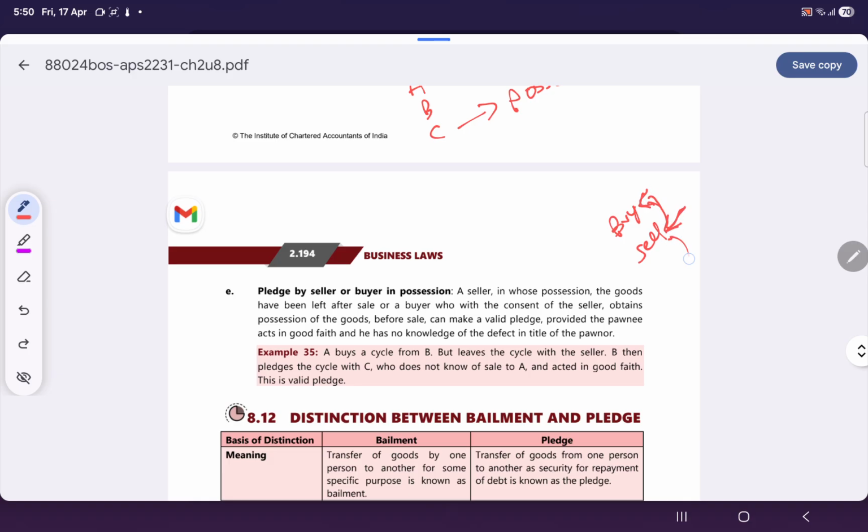But the seller pledges those goods. Or a buyer who, with the consent of the seller, obtains possession of the goods before sale. Before the sale, actual sale has not happened, but he has got the goods before sale.